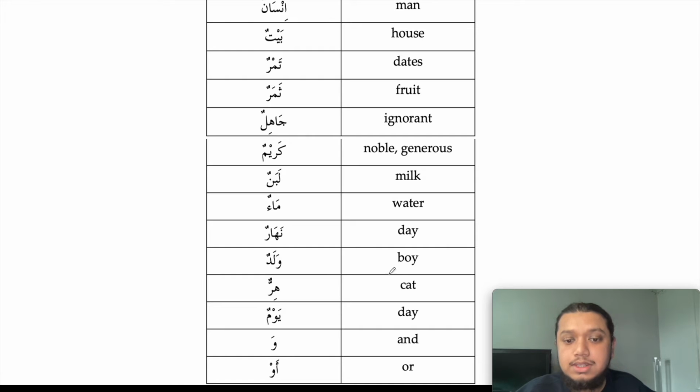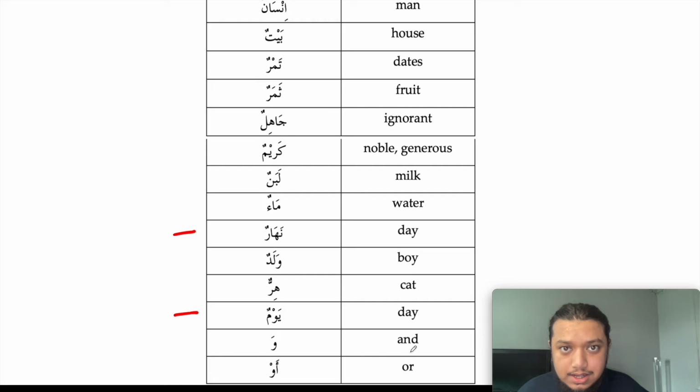Hirrun means cat. Yawmun. Yawmun means day. So as you can see here, Yawm and Nahar both mean day. Yawm generally refers to the day as a whole, Monday, Tuesday, Wednesday, Thursday, Friday, and whatnot. Whereas nahar generally refers to the actual daytime.